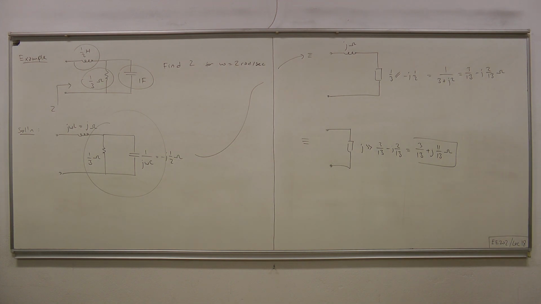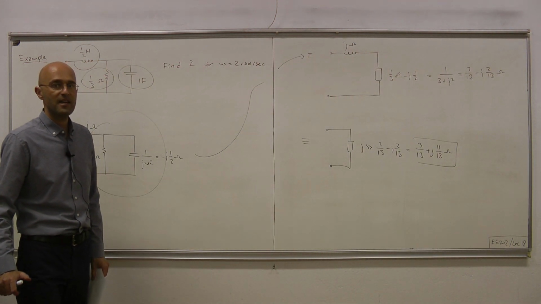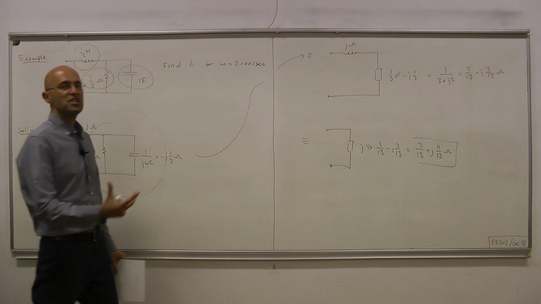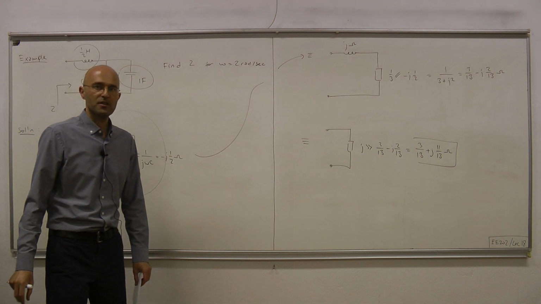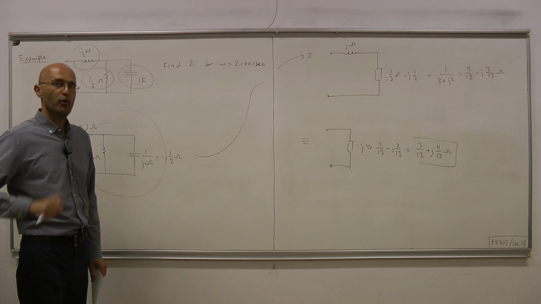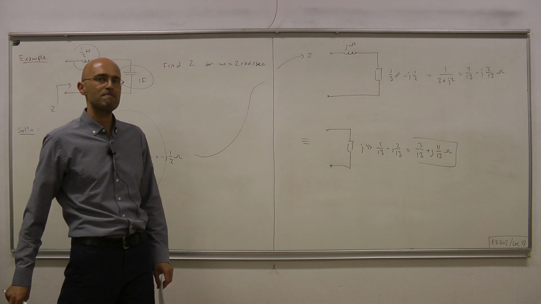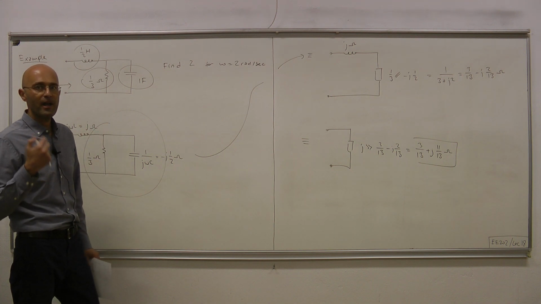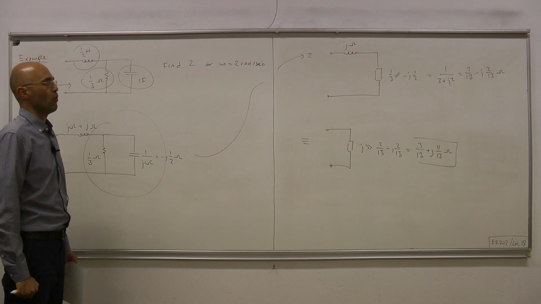Now, we have seen that KCL and KVL hold in phasor domain. We have seen that resistor, inductor, and capacitor behave from the phasor point of view like generalized resistors. Therefore they're all represented by an algebraic equation, just like Ohm's law.